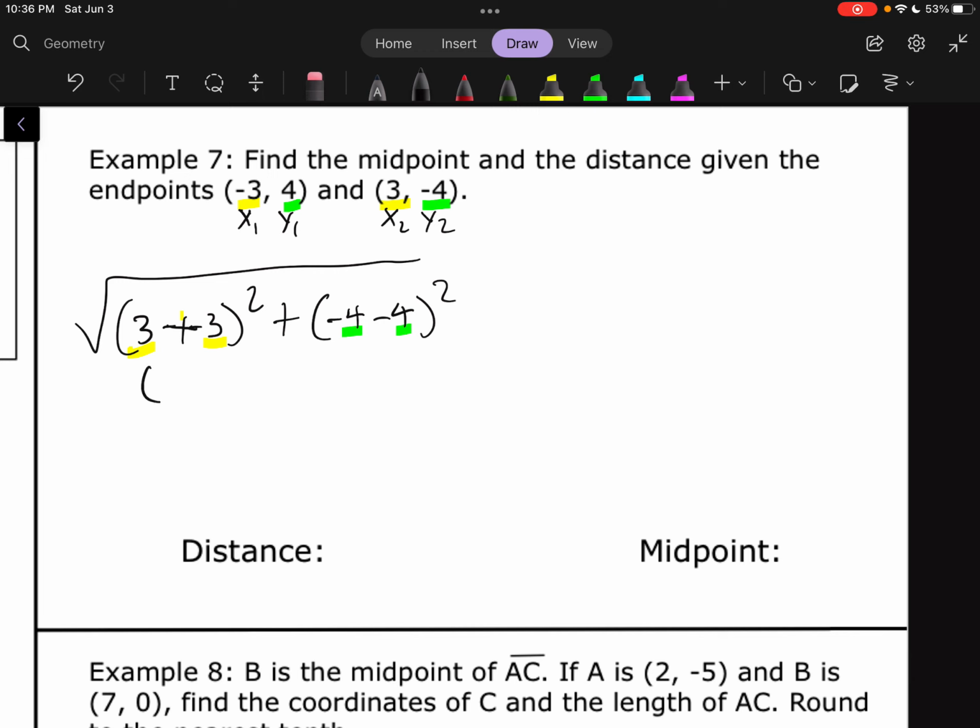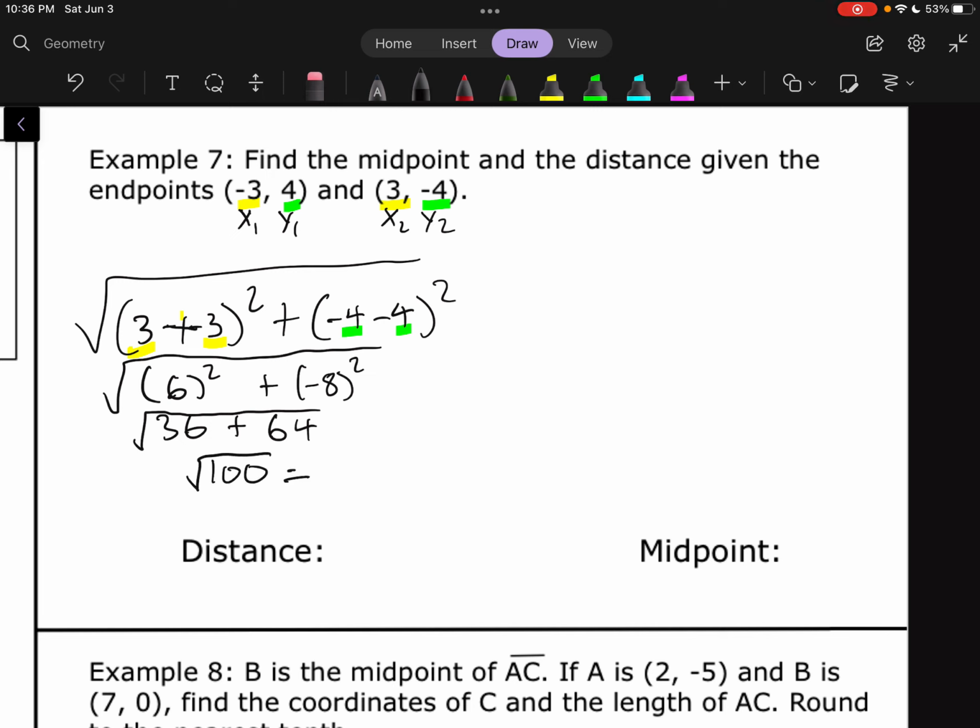Let's just work it out by hand. 3 plus 3 is 6 squared. Negative 4 minus 4 is negative 8 squared. 6 squared is 36. Negative 8 squared is 64. Oh yeah, we're getting a nice answer here. 36 plus 64 is 100. And what's the square root of 100? Well, it is 10.